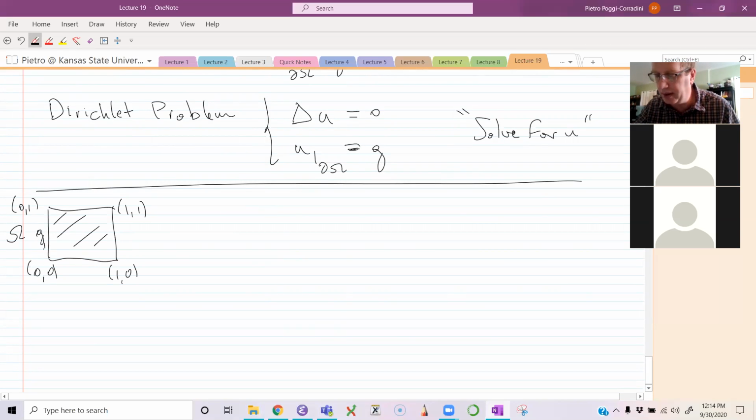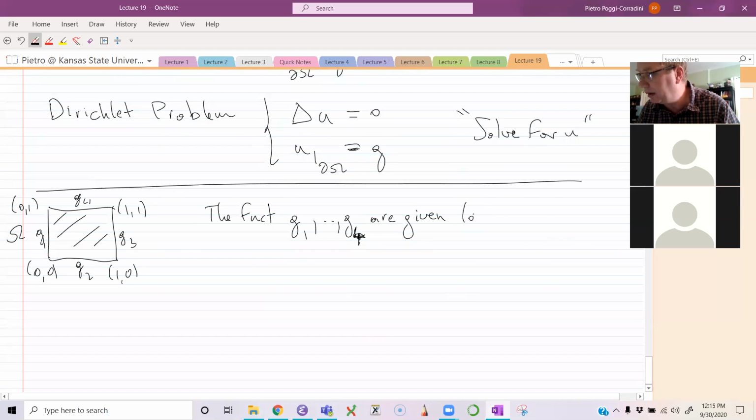And so these are going to be functions G1, G2. The functions G1 to G4 are given. That's what data means in Latin, right? They're given.